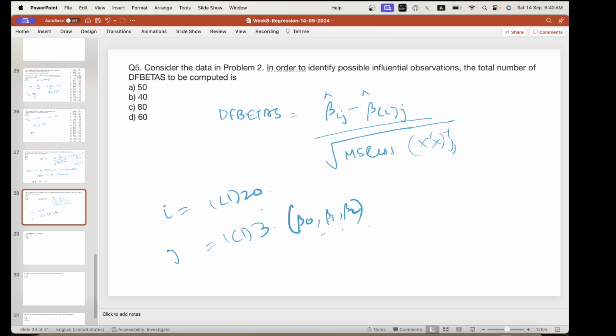Okay, so therefore the total number of DF betas that have to be calculated is actually 20 into 3, that is 60, and that's the answer, D. All right, this is the required answer.